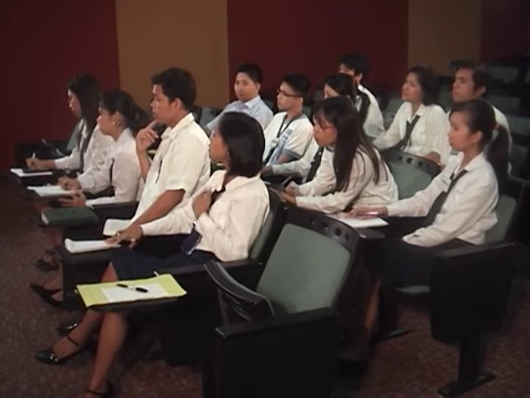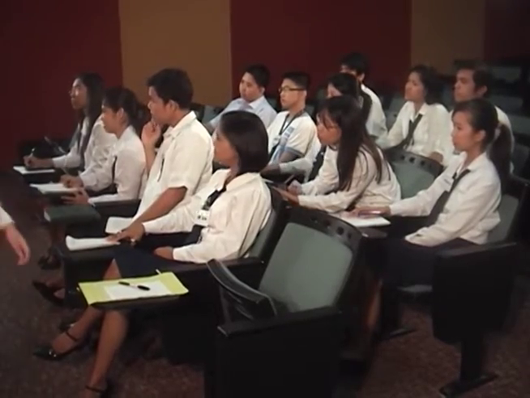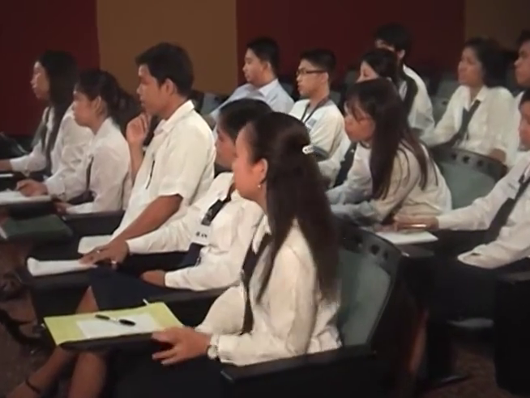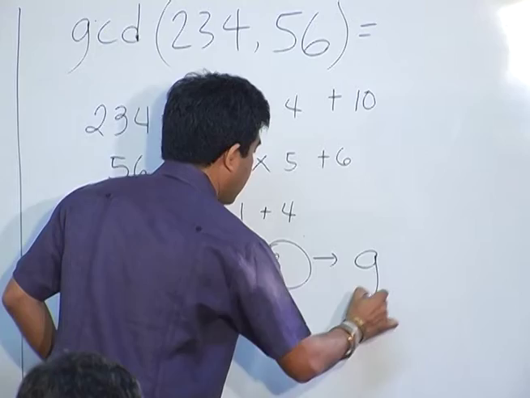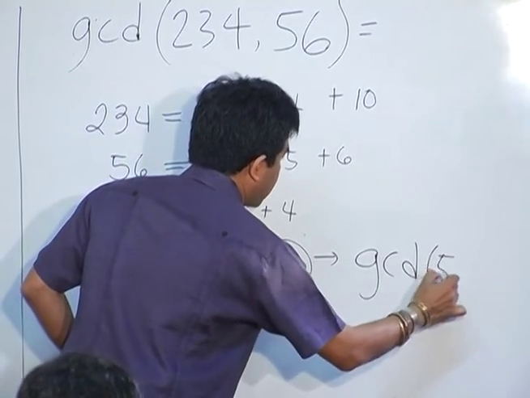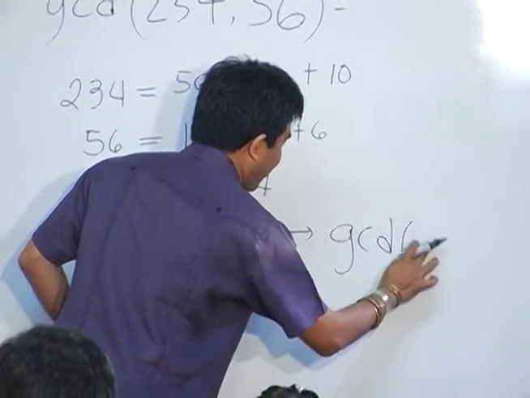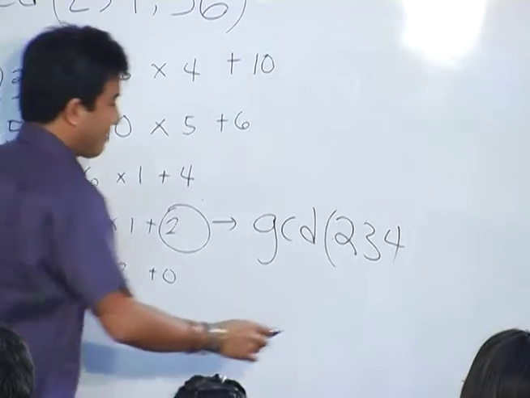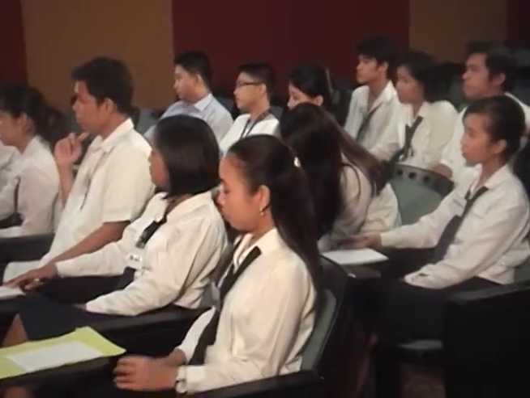Okay. So now we have reached a remainder equal to 0, which means again that the GCD is the last non-zero remainder. So the GCD of 234 and 56 is equal to 2.